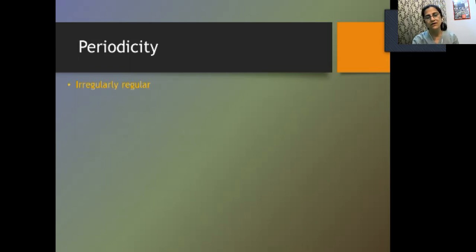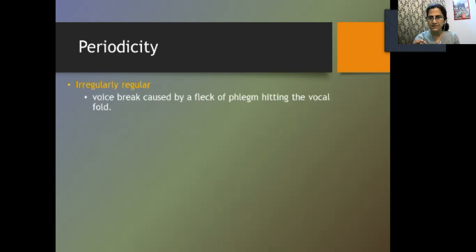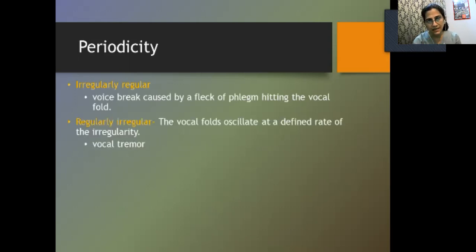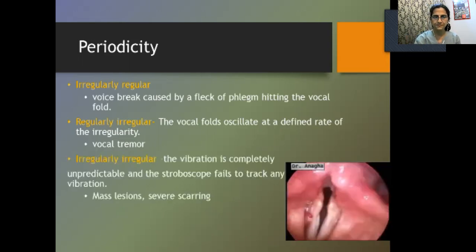It can be irregularly regular, that is, although it is regular, there can be small breaks, voice breaks, which are most often due to a small fleck of phlegm hitting the vocal cord. Or it could be regularly irregular, that is, irregular at regular intervals, which is seen in vocal tremors.